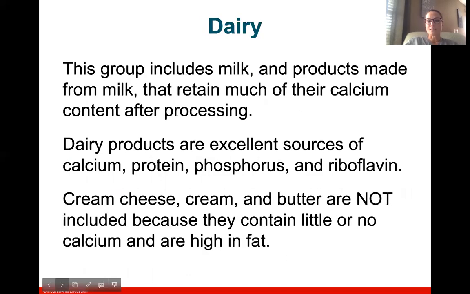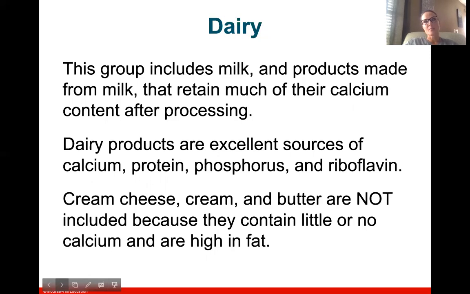Dairy, unfortunately, dairy consumption is going down, but it's really an important part of our diet and provides a lot of good nutrients, including calcium, protein, phosphorus, riboflavin. And so things that would be included in this, of course, are milk. A serving of dairy, 8 ounces of milk, a container of yogurt.